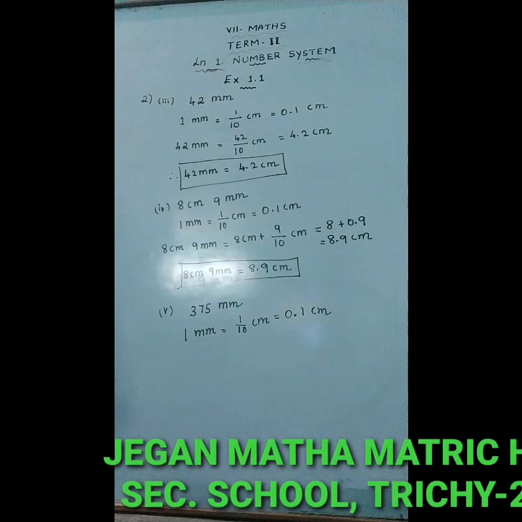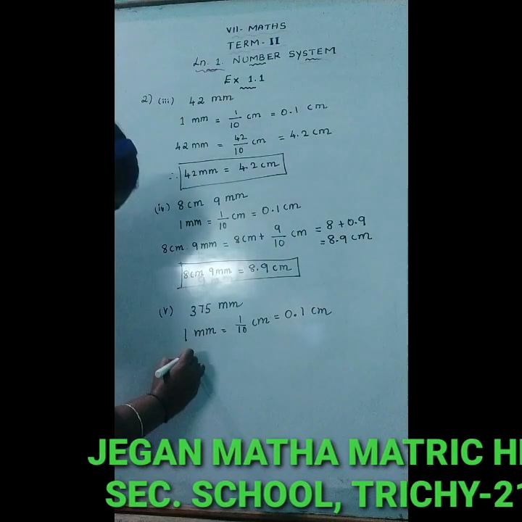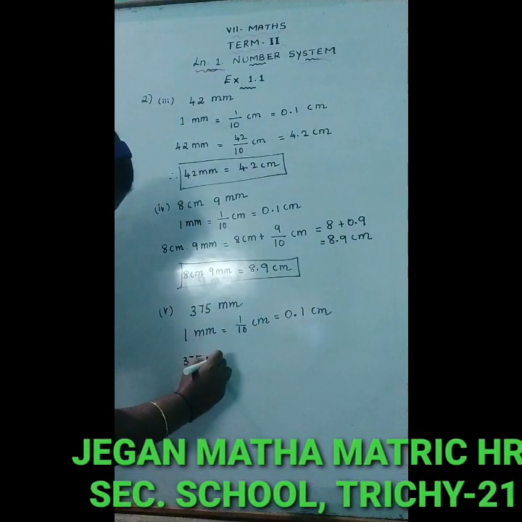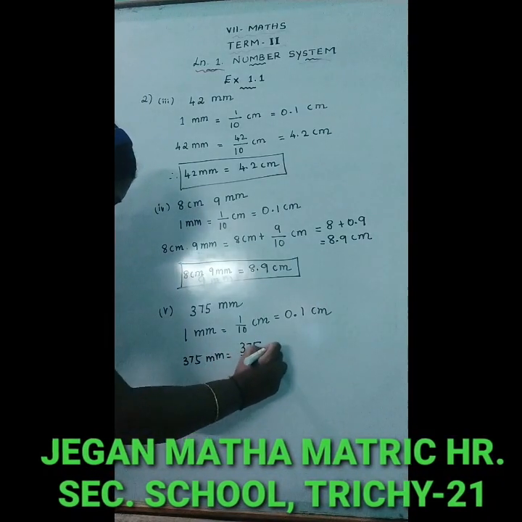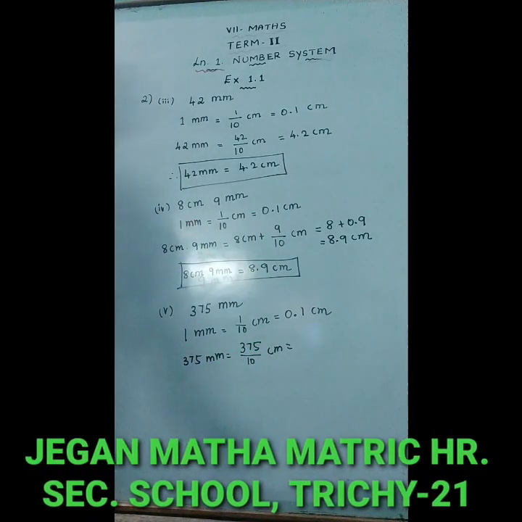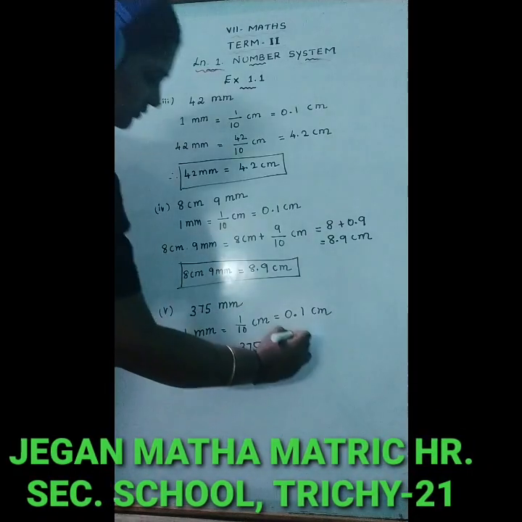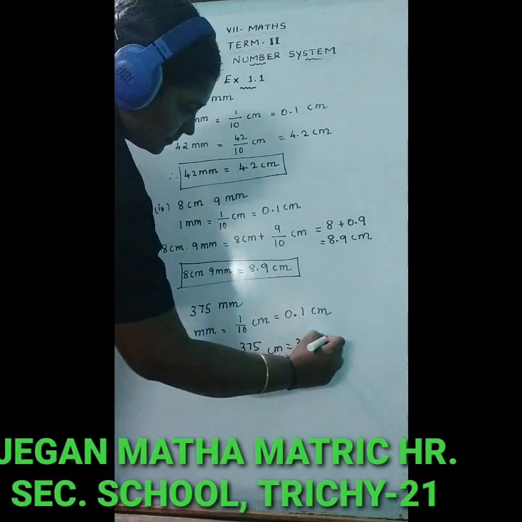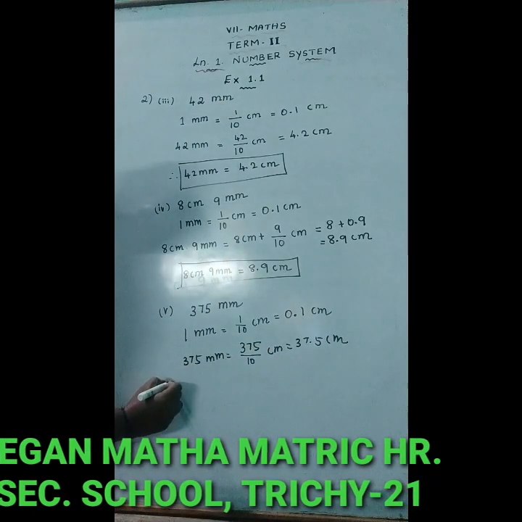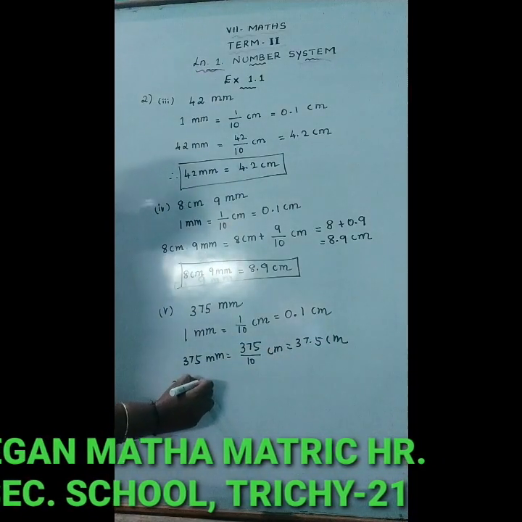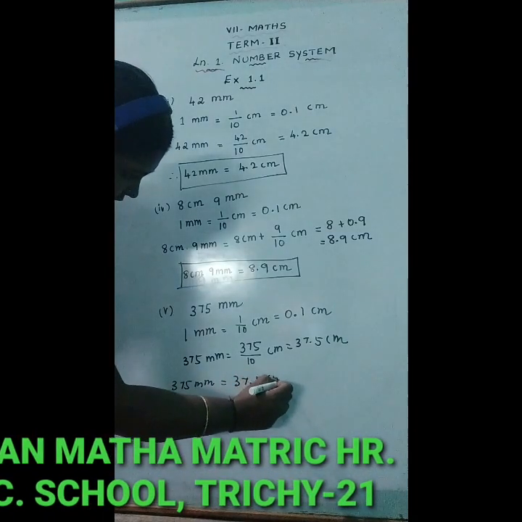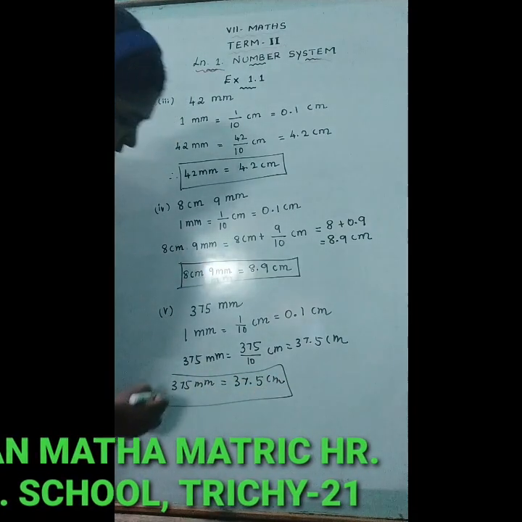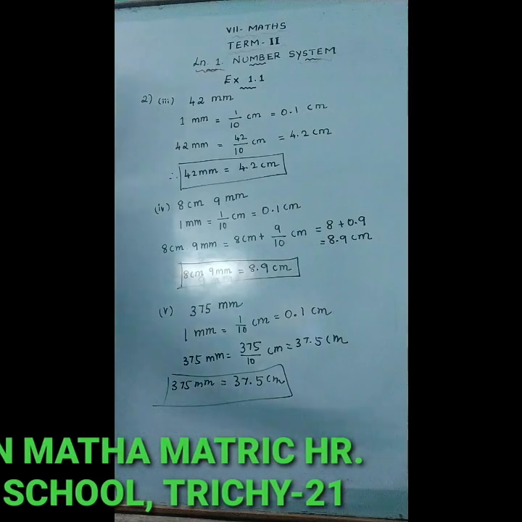So 375 millimeter changed into centimeter is 375 divided by 10 centimeter, that is 37.5 centimeter. This is the solution for the fifth one.